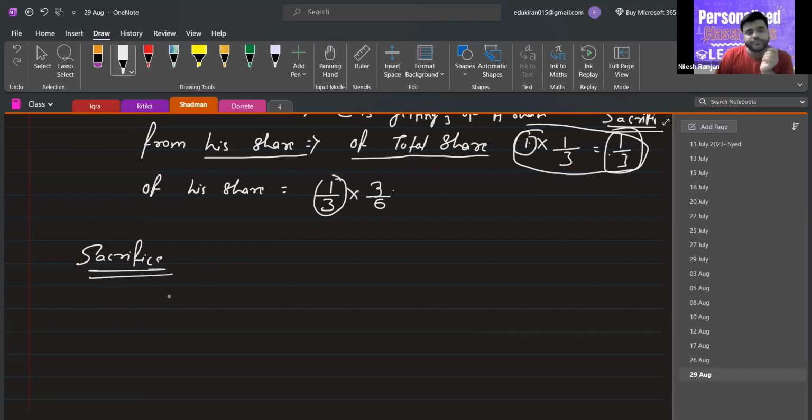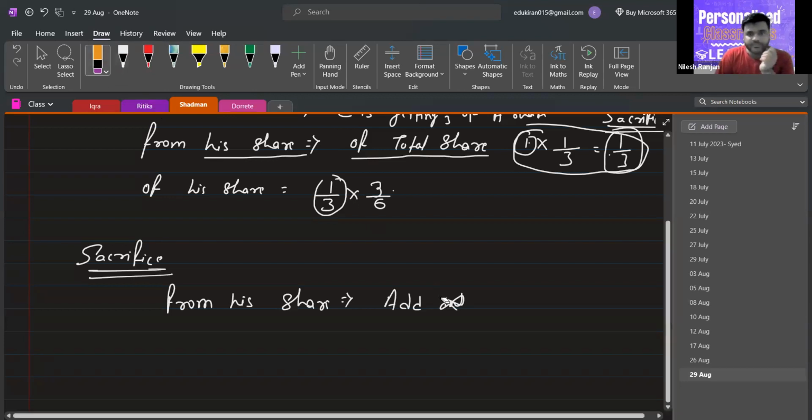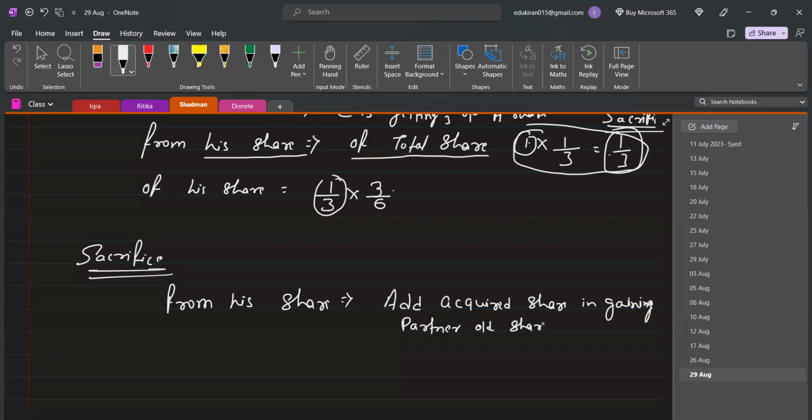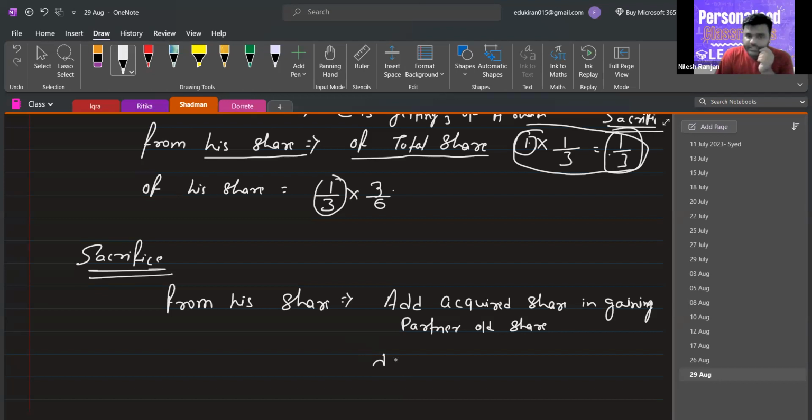So what we have to do to calculate sacrifice or gain, if "from his share" is given, then add the acquired share in the gaining partner's old share, and second, deduct or subtract the sacrifice from the sacrificing partner.